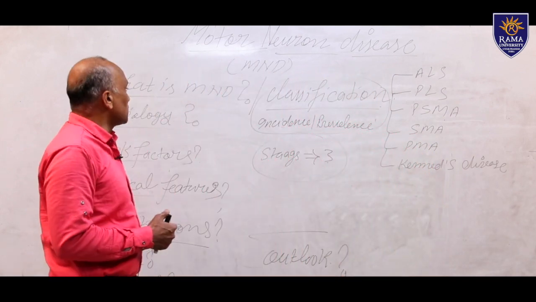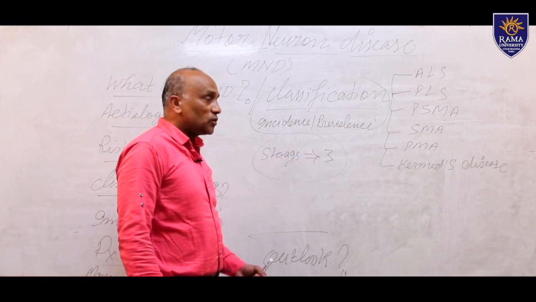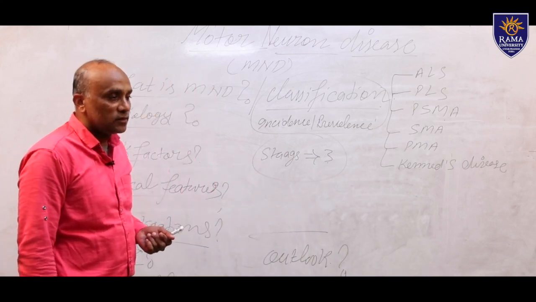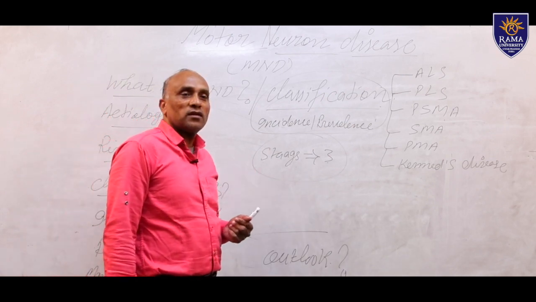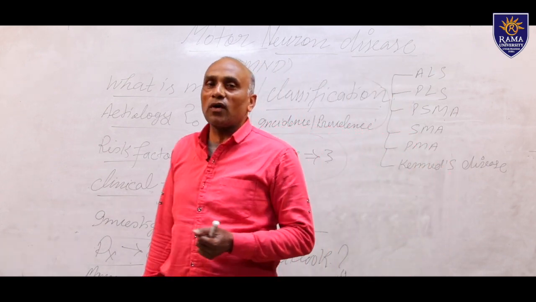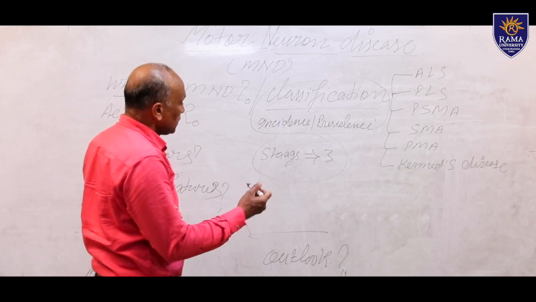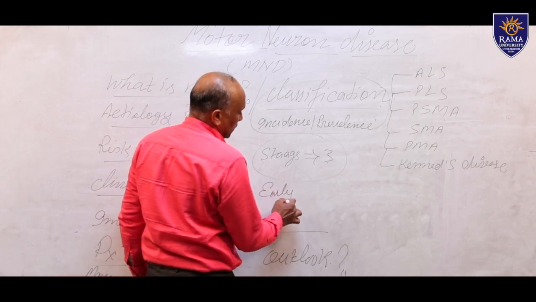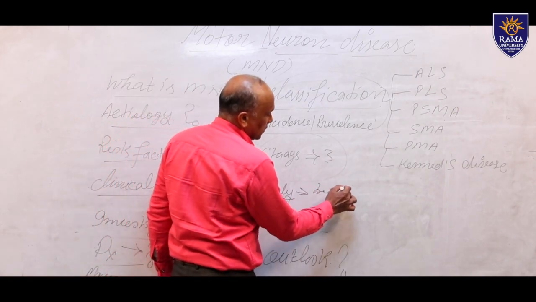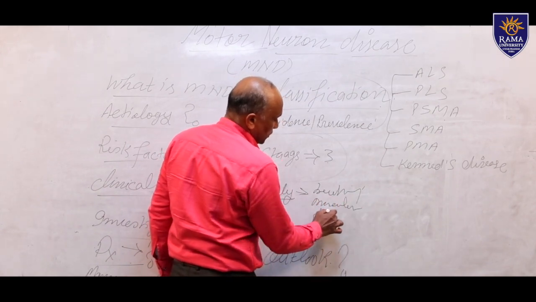Now we will discuss the stages of this disease. There are three stages. The first is early signs and symptoms, the second is the mild or middle stage, and the last is the advanced form of the disease. In the first stage, the most common findings are breathing difficulties, muscular weakness and drooling.